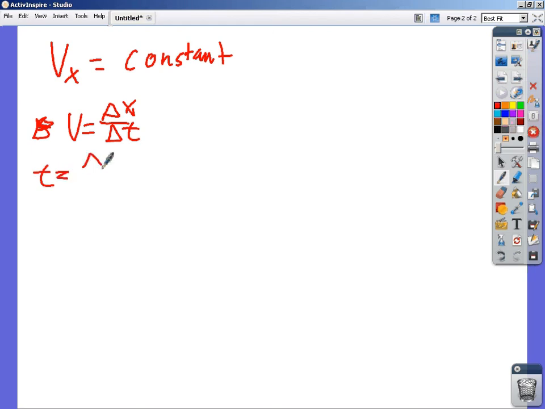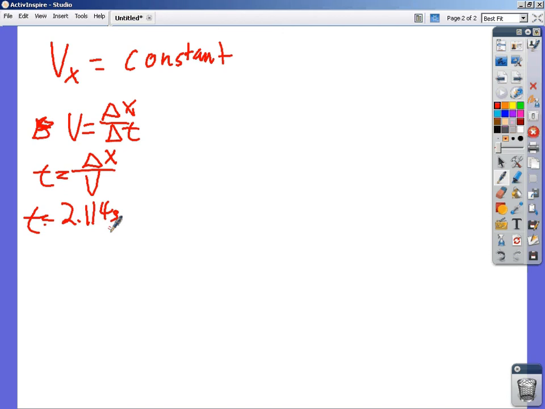And delta x is given in everyone's problem. So you can solve for time this way. In my problem it was like 2.114 seconds or something like that. That's the amount of time the projectile spends moving.